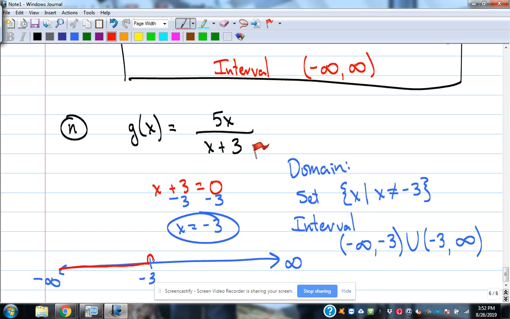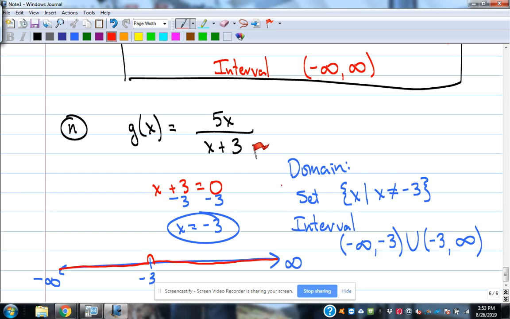You've got to jump over it, and you pick up and start right after you get past -3. -3 is the only number that you don't use. You use -3.00000000001. You use that number, and you use -2.9999999, all kinds of nines there. You use that number, but -3 is the one you hop over.